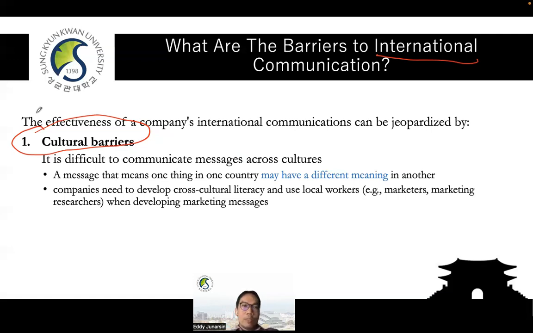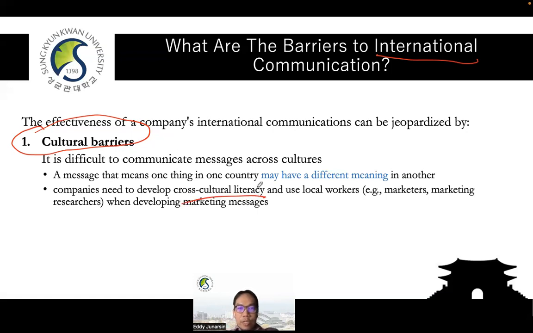In essence, we couldn't just assume that because of globalization, any kind of message would be accepted universally everywhere. I think that's a quite misleading assumption, and we have to be careful with that.